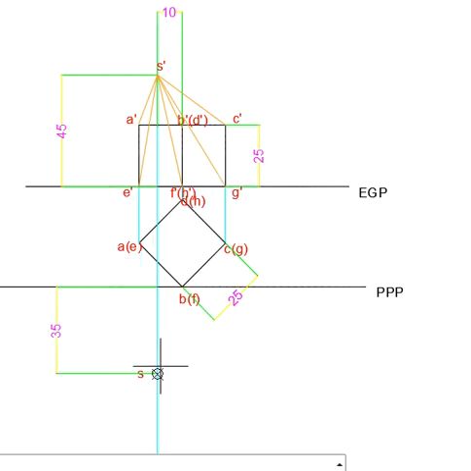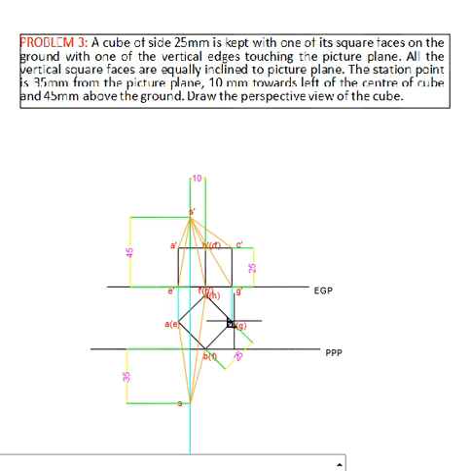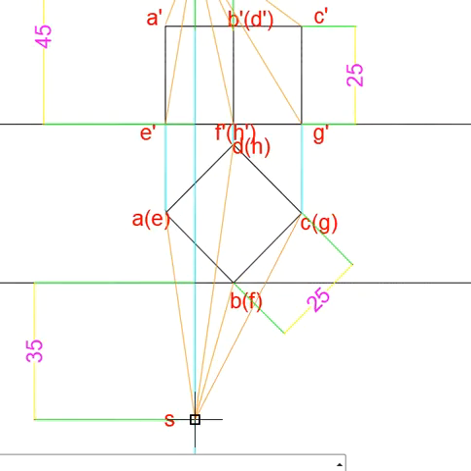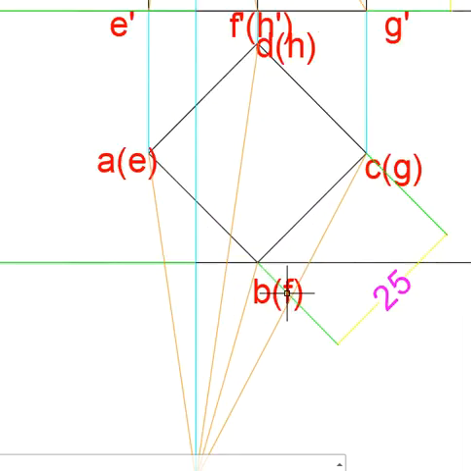After that you can draw visual rays in top view. Okay. Now we need to find the intersection points of the visual rays in top view with the picture plane. See, the top view is somewhere intersecting in the picture plane.